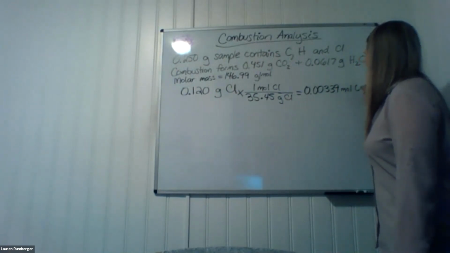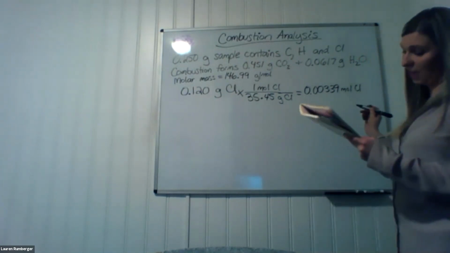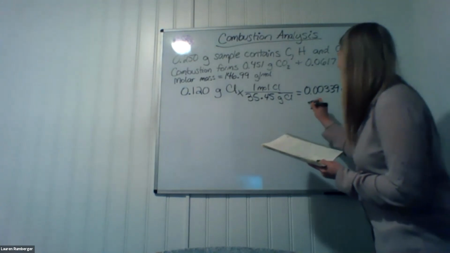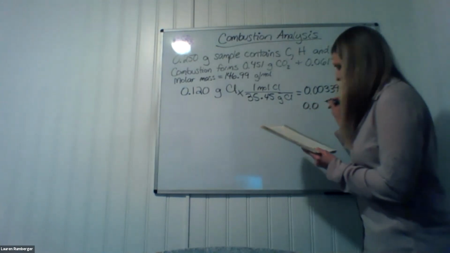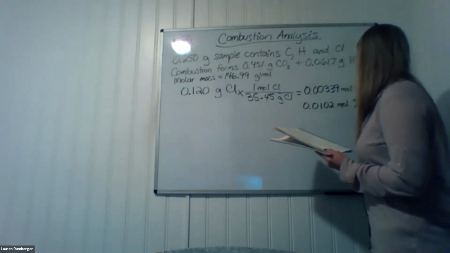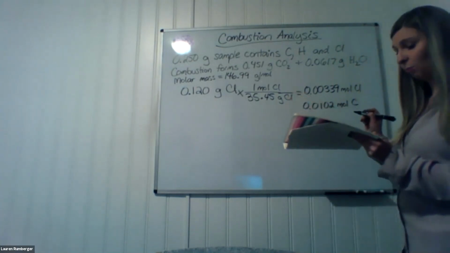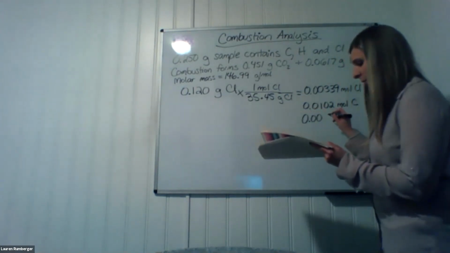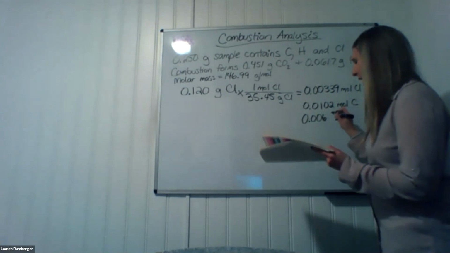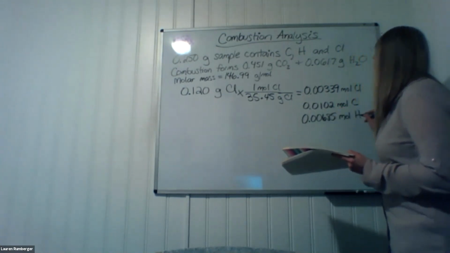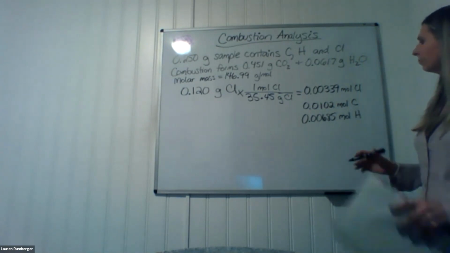moles of chlorine. And then from before, we had determined that there was 0.0102 moles of carbon. And we also had determined that we had 0.00685 moles of hydrogen. Okay.